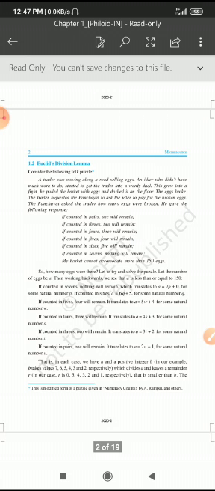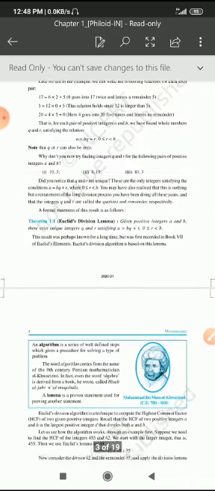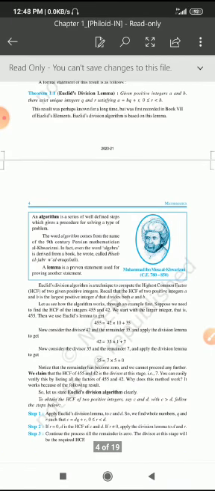And then in this chapter we are going to learn the main topics, Euclid's division lemma and Euclid's division algorithm. So before going to learn these two concepts, let us see what is lemma and what is algorithm. An algorithm is a series of well-defined steps which gives a procedure for solving a type of problem.